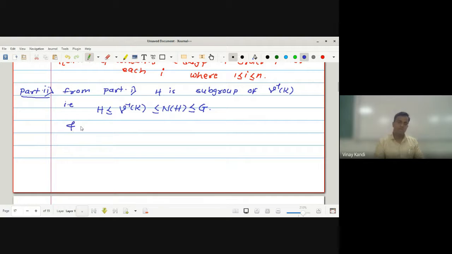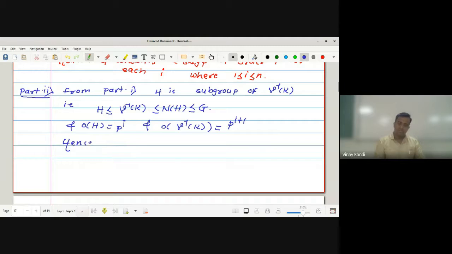Okay, and order of H we have P raised to I and order of gamma inverse of K is equal to P raised to I plus 1, we proved in the previous part.